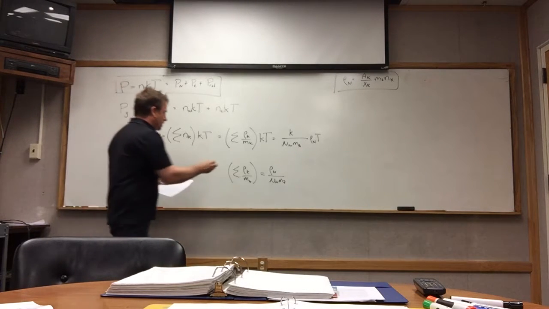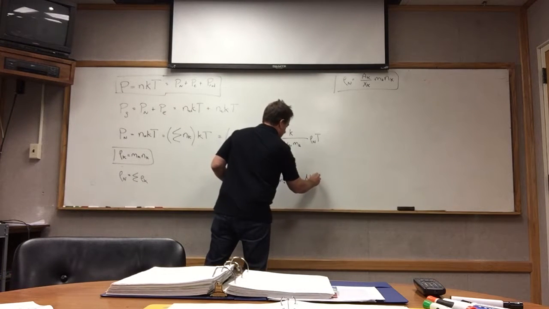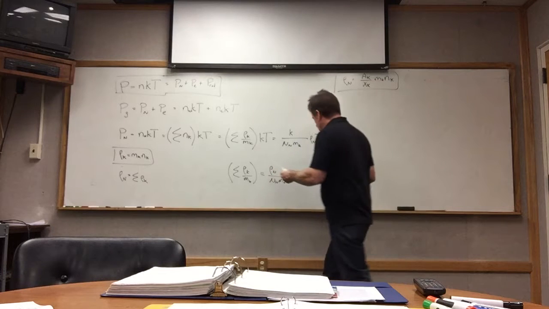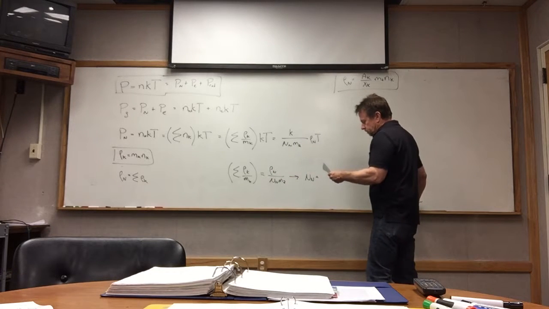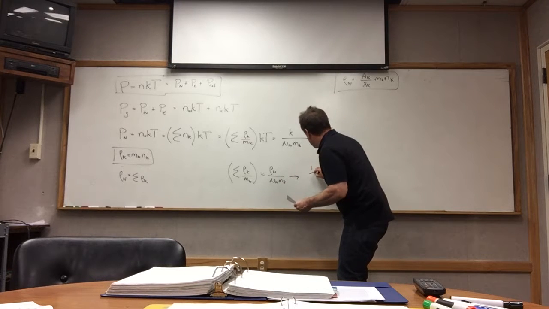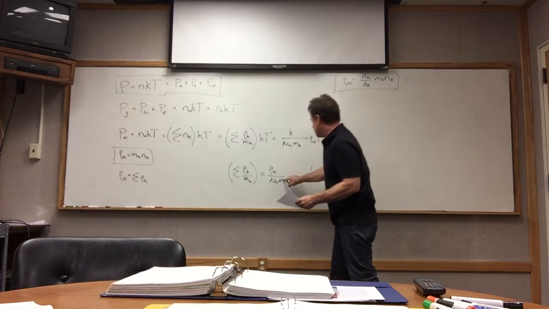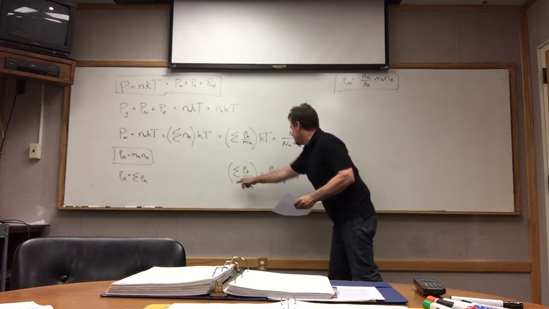So if you solve this equation for mu n, what do you get? Well, it's easier if we solve it for 1 over mu n because of that. So we just basically multiply by that, divide by that.